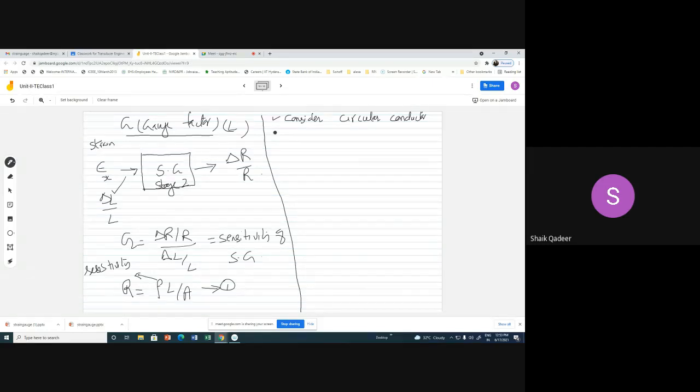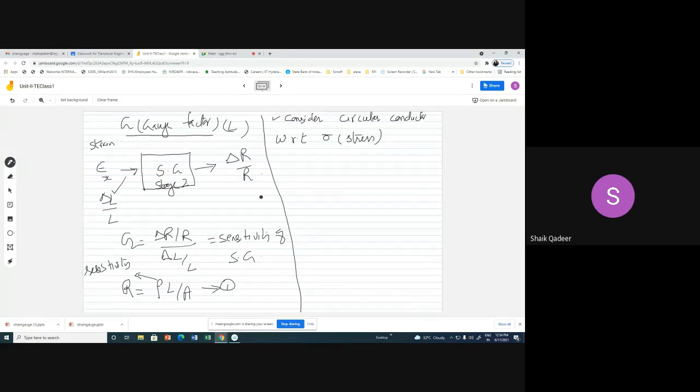To get this relation, we will partially differentiate equation 1 with respect to the stress sigma.